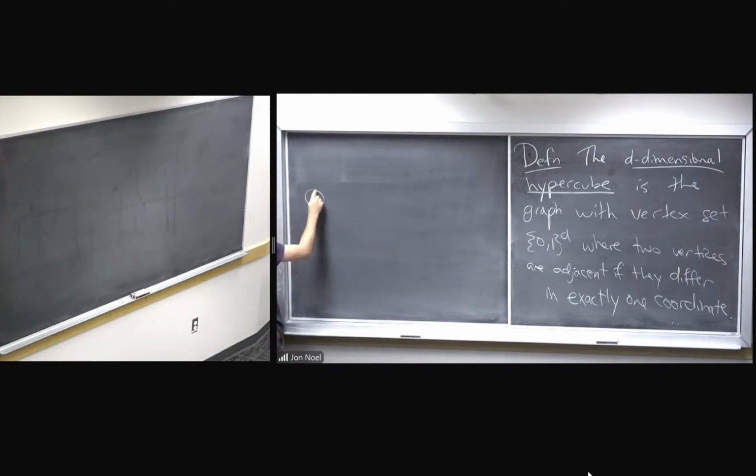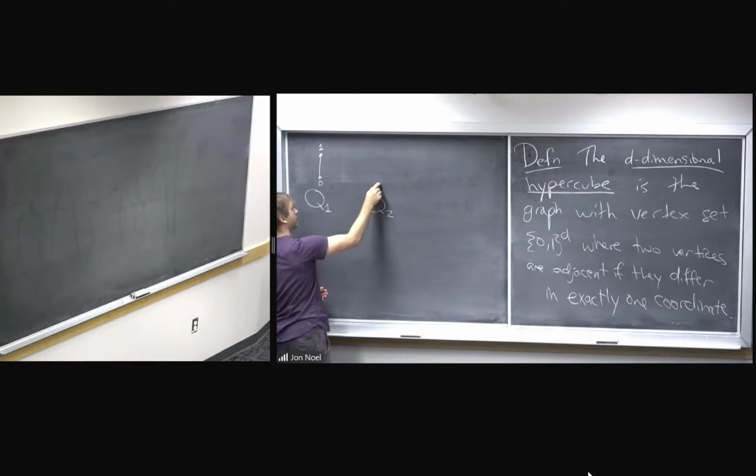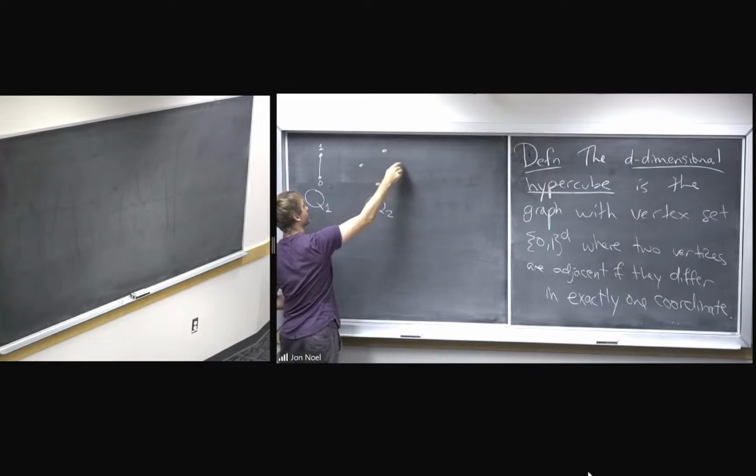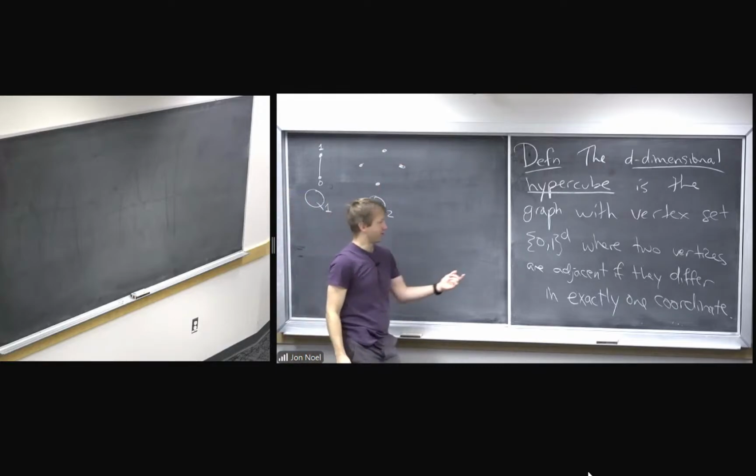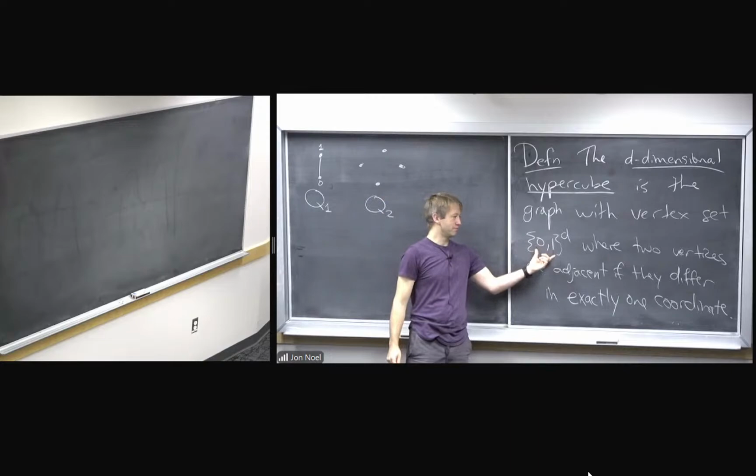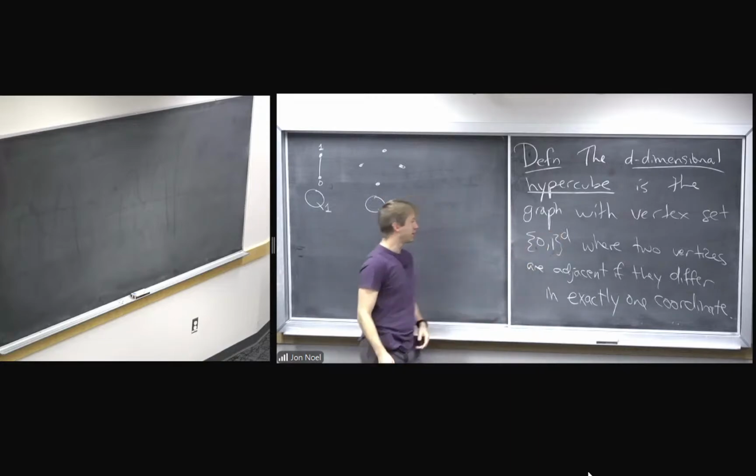So, for example, the one-dimensional hypercube, you've just got two vertices. One is labeled 0, one is labeled 1. So it's just a complete graph on two vertices. The two-dimensional cube is going to have four vertices, because the size of the vertex set is 2 squared.